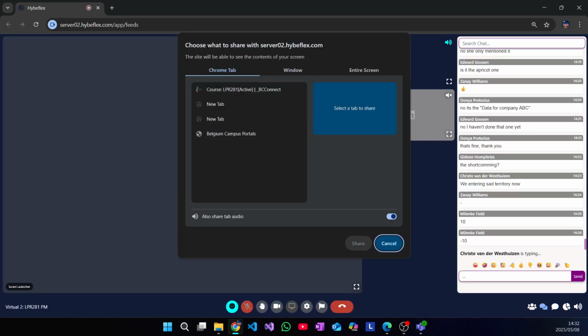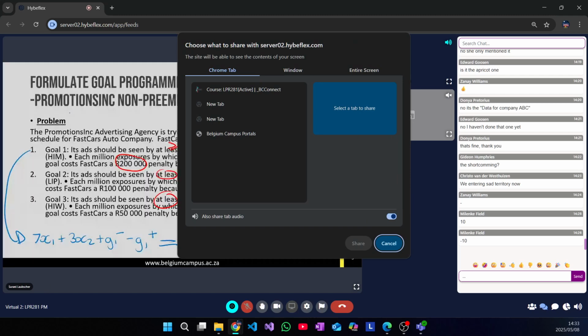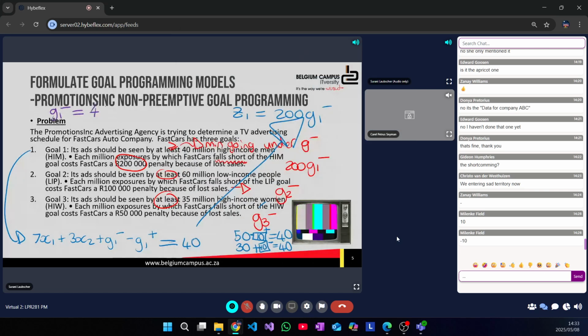Take everything else to the other side. So G1 minus, I'm making the subject. I'm taking everything else to the other side except 40 because it was on the other side. I mean, it is on the other side. But everything else I have to take over. Online, are you still okay?